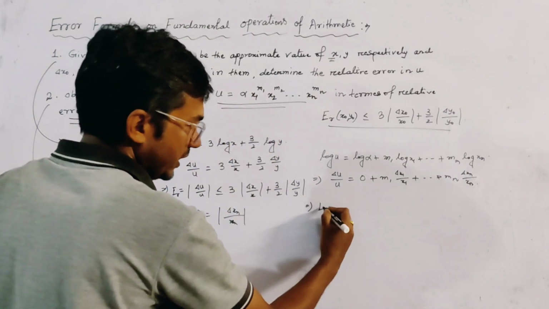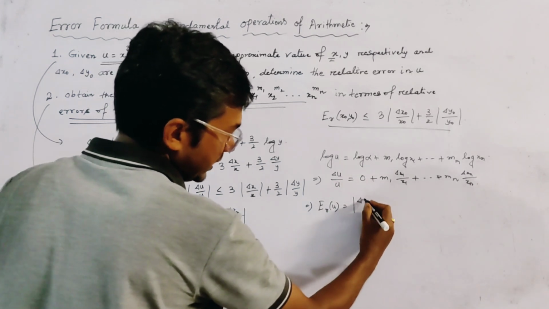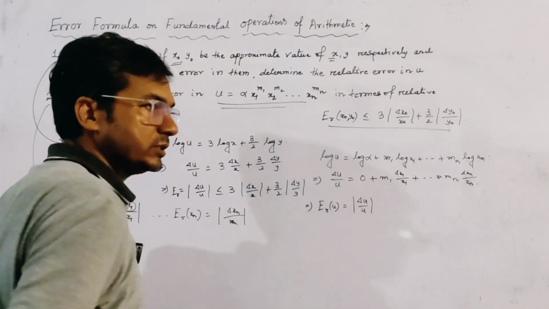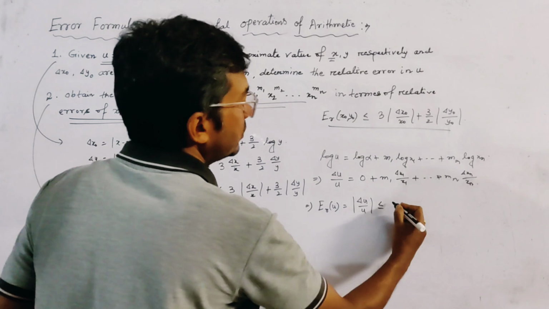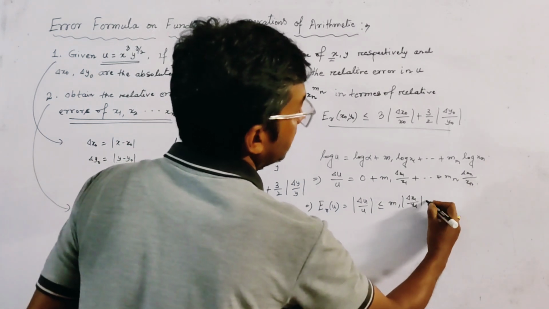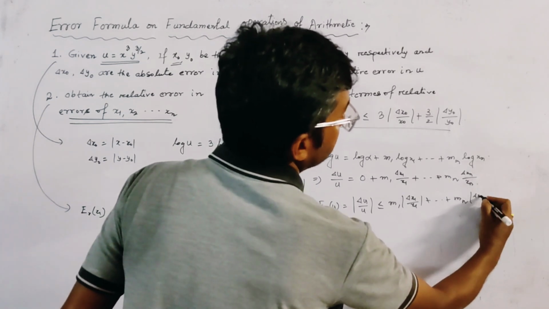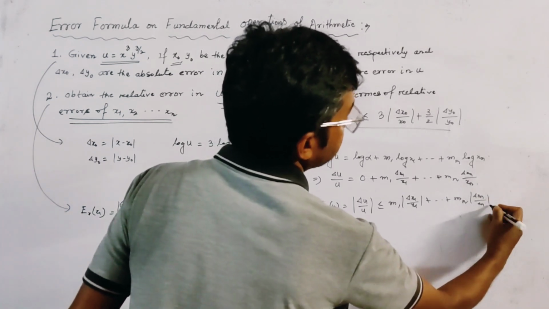Now the relative error of u, mod of delta u by u, is less than or equal to m1 delta x1 by x1 + ... + mn delta xn by xn.